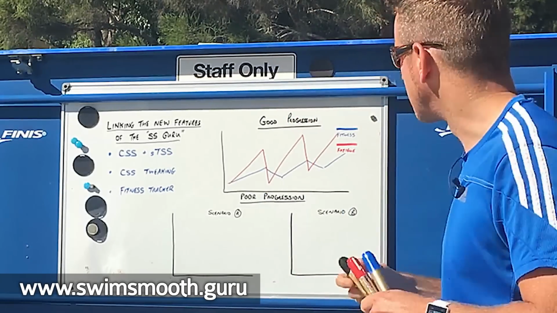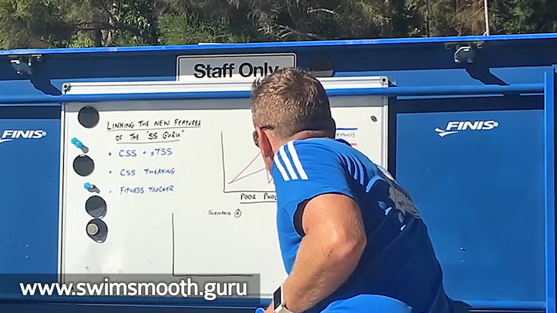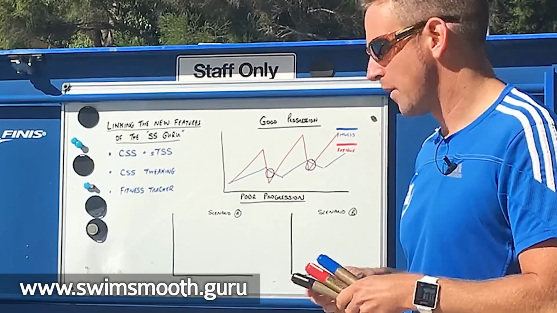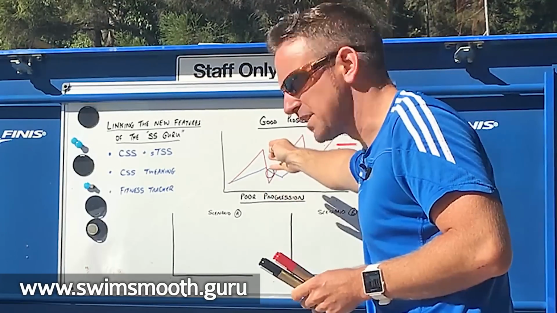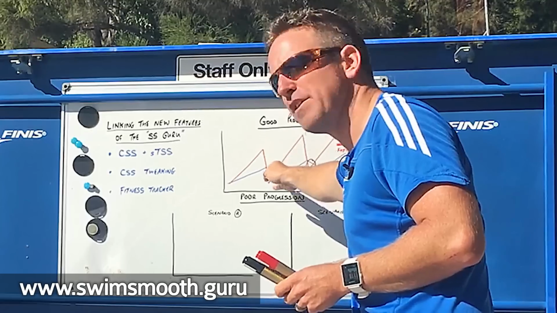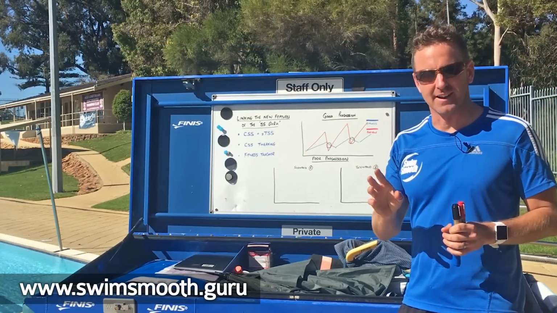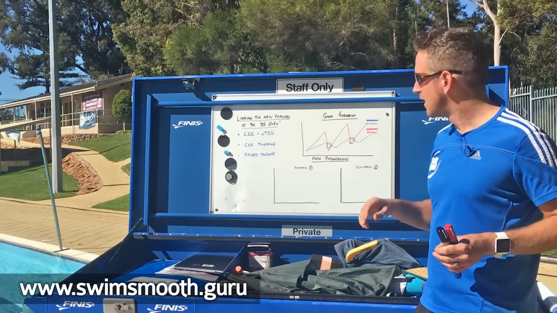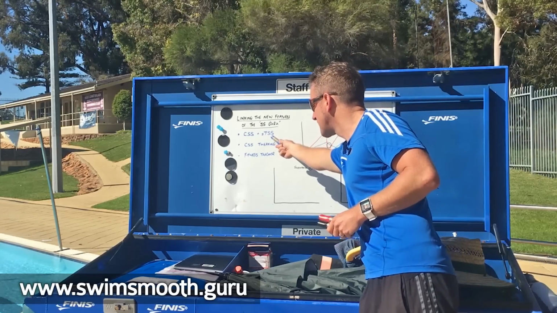We get to these points here where you actually reach really good form, and usually that occurs somewhere around about here, where we have a good level of fitness, but we've allowed ourselves a couple of days where the fatigue line has actually started to drop down. That's what it should look like. And the Guru is programmed to help you achieve that. Like I mentioned before, every training session you do has this STSS score.